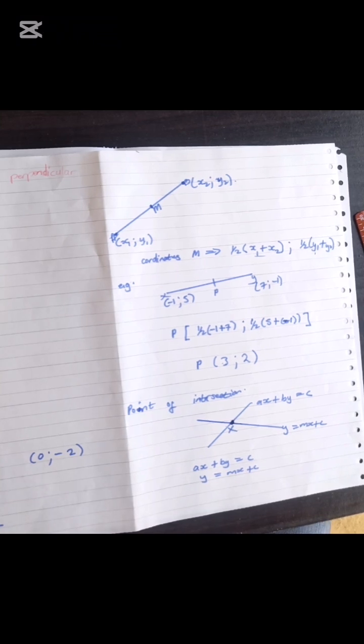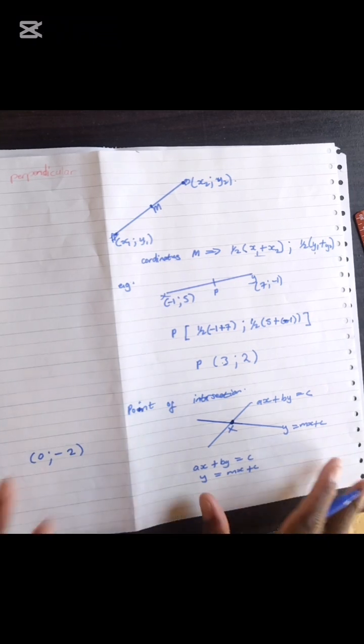So let's do an example. Let me write down the question. It says line L has equation 3y plus 2x is equal to 8, and point A has coordinates 1, 15.